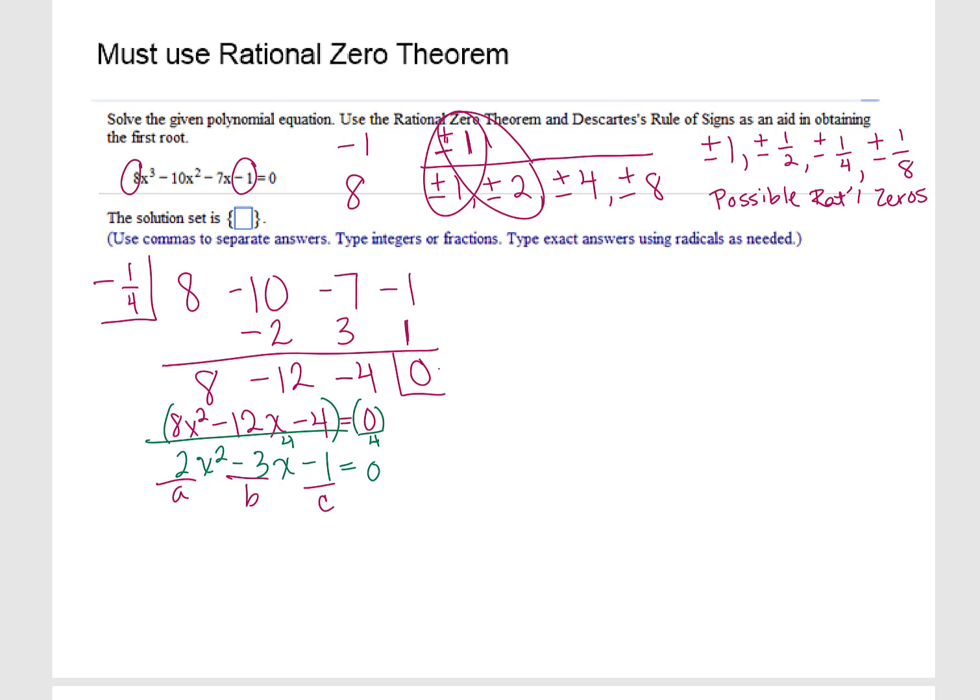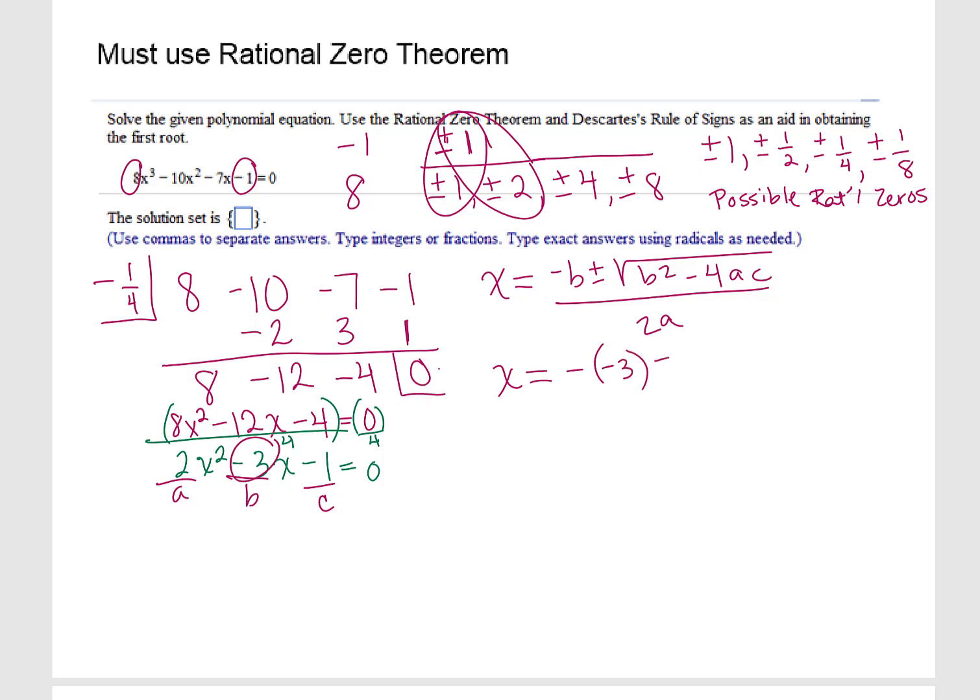Okay, so let's go ahead and do our quadratic formula. x equals negative b plus or minus the square root of b squared minus 4ac over 2a. Let's plug it in. So x equals negative b, negative 3. Make sure you account for the negative.